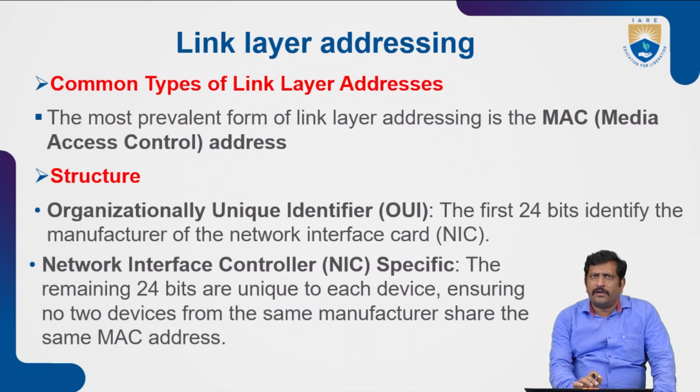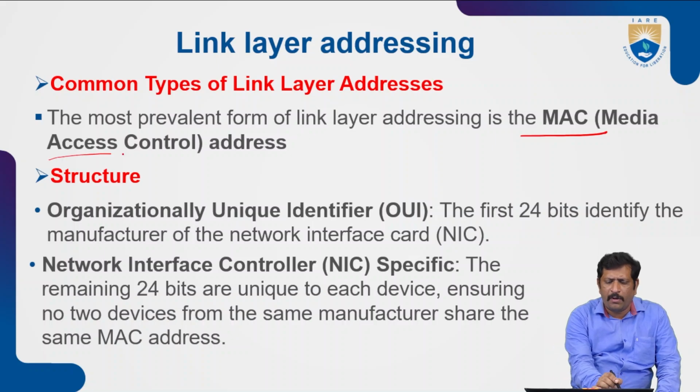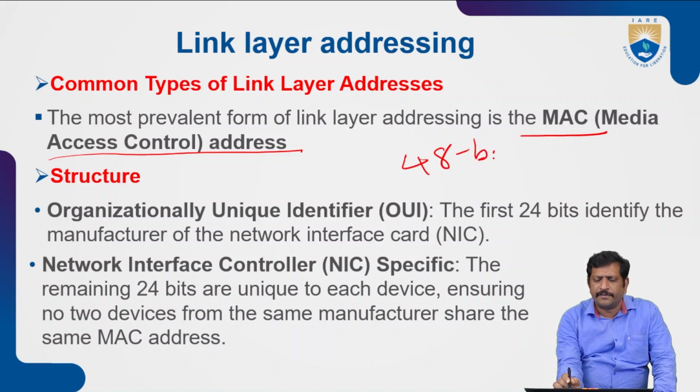The common form of the link layer address is the MAC address, the media access control address. If you look at the structure of the address, it has 48 bits.